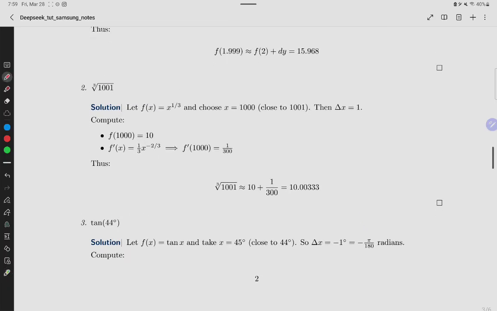So what do we need to do for this? If we want to estimate f of 1001, this would be equal to f of 1000 plus f prime of 1000 times delta x, because if x is 1000, then x plus delta x is 1001.